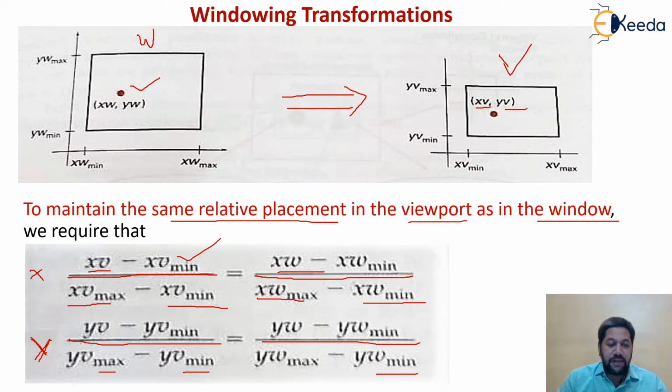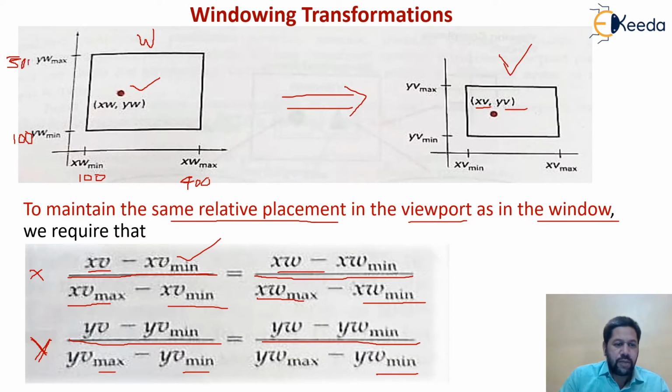Now what does this displacement indicate? Suppose I have the window, as we have seen while learning the line drawing algorithm. Suppose this is 100 and this is 400. So my window has x minimum 100 and x maximum 400. The y minimum is again 100, and suppose I take y maximum as 300.